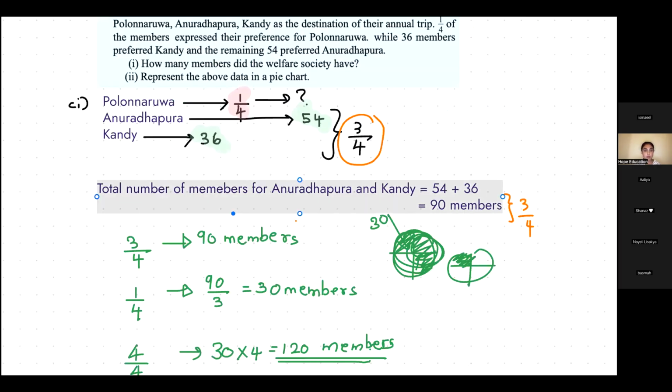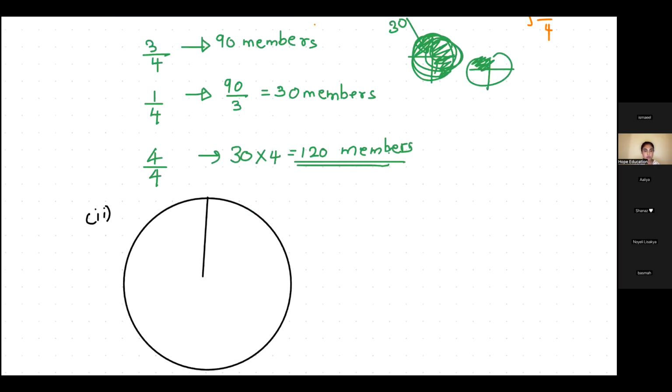So we can directly mark 1/4 as Polonnaruwa. A quarter is 90 degrees. We can take that directly, right?